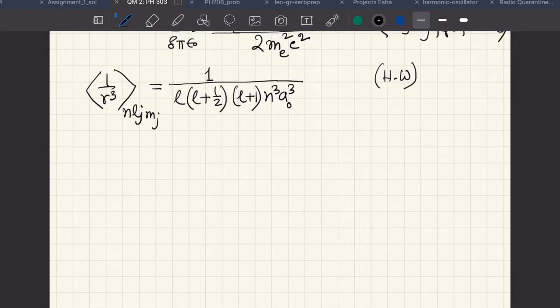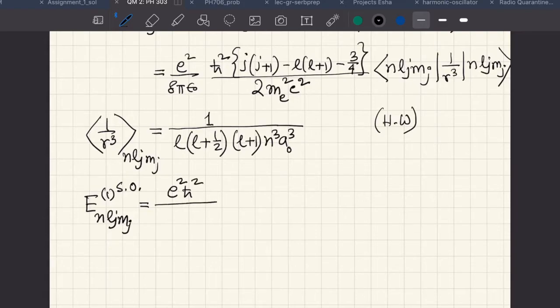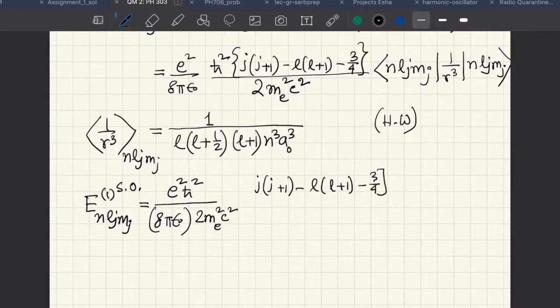So your final result for E1 spin orbit, n, l, j, mj, is e square ħ square by 8 pi epsilon naught, 2 m e square c square, and then we have j into j plus 1 minus l into l plus 1 minus 3 by 4, and in the denominator we have l into l plus half into l plus 1, and then 1 by n cube and 1 by a0 cube.